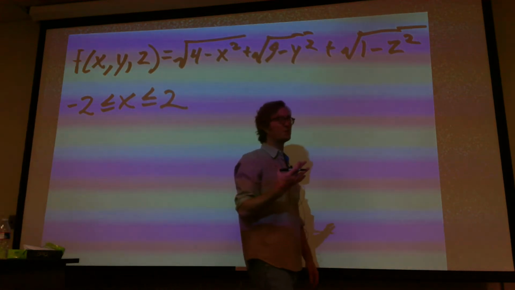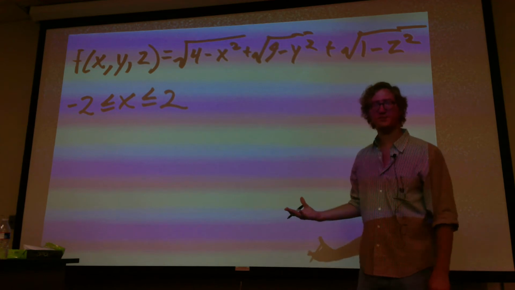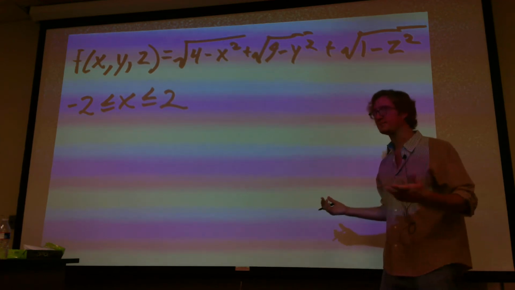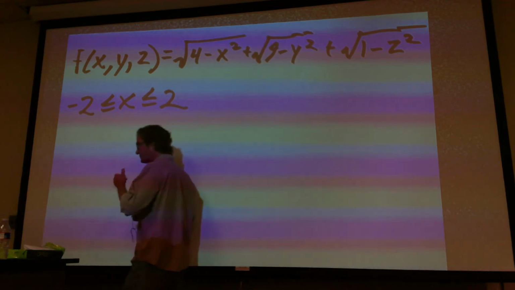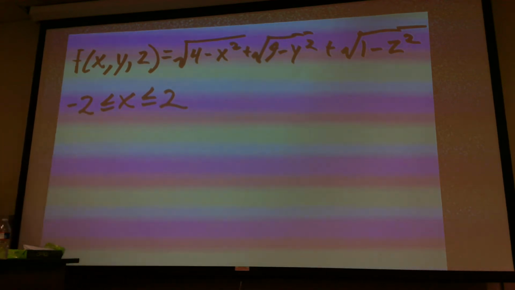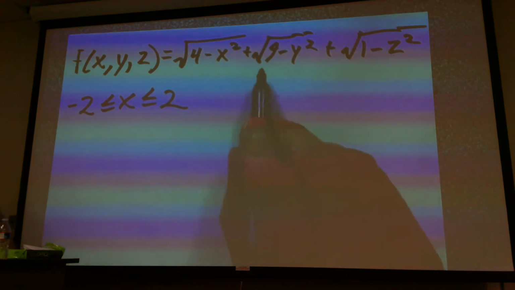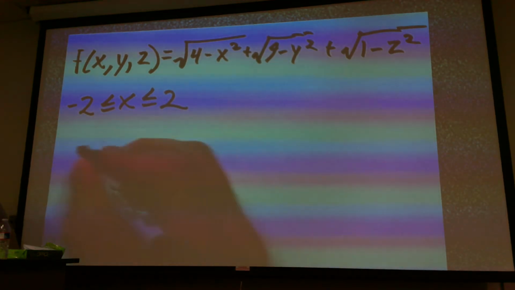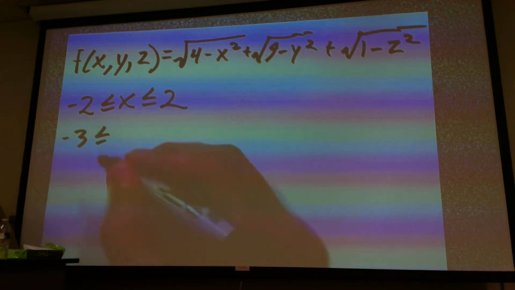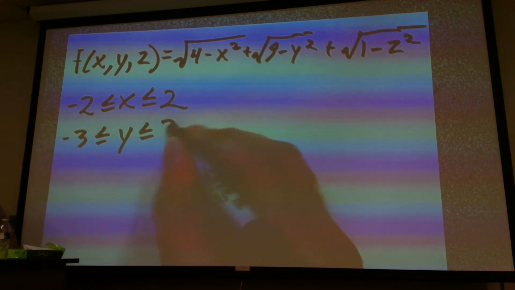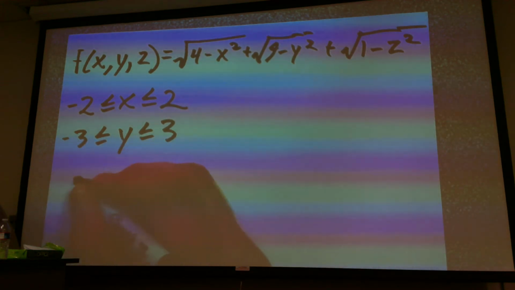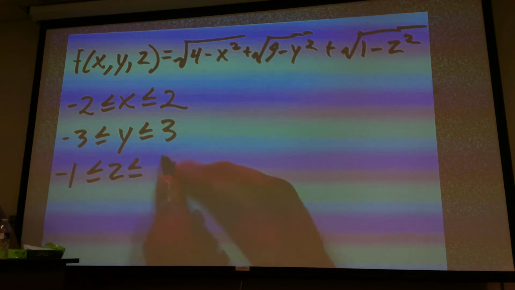I'd get the square root of 4 minus 9, which would be the square root of -5, which would be root 5i. So that's one of my boundaries. And then for the square root of 9 minus y squared, I'd end up with -3 less than or equal to y, less than or equal to 3. And for 1 minus z squared, I get -1 less than or equal to z, less than or equal to 1.